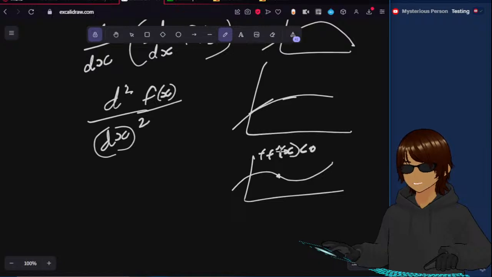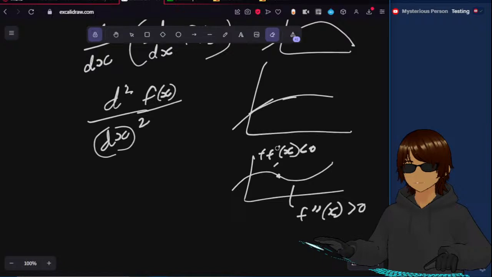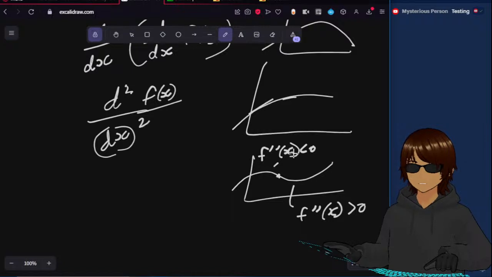So the double derivative would be negative because the gradient is decreasing. And then over here, it would be more than 0. This is less than 0. This is more than 0.